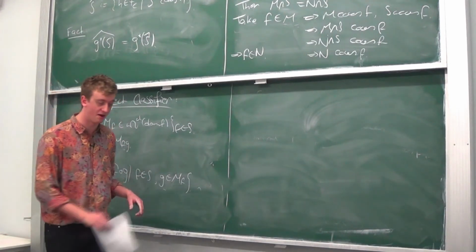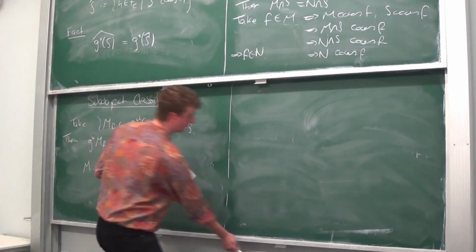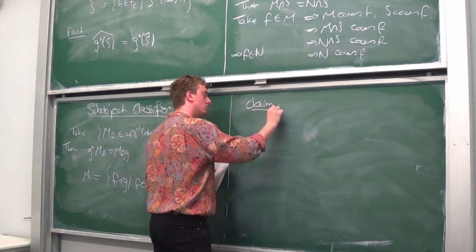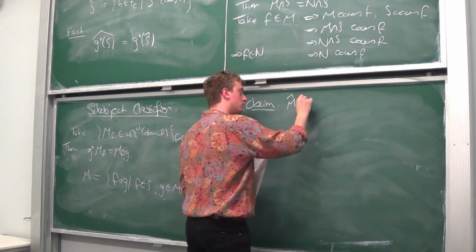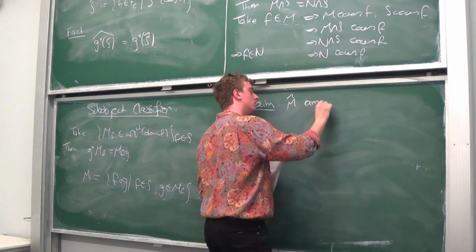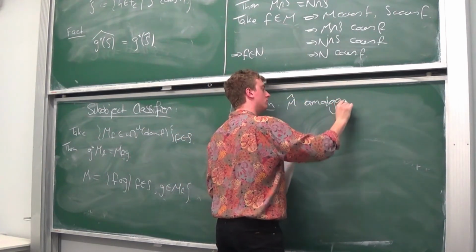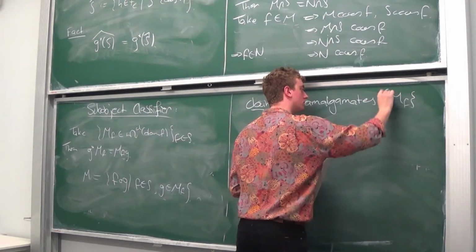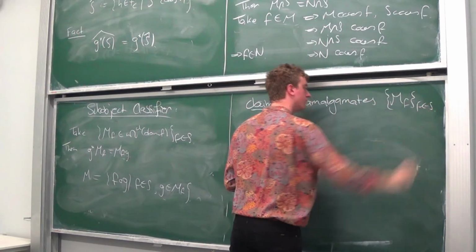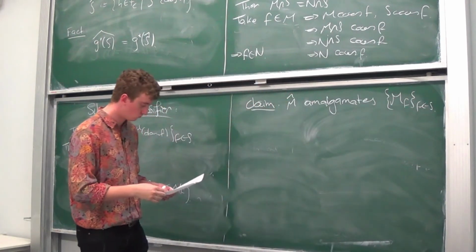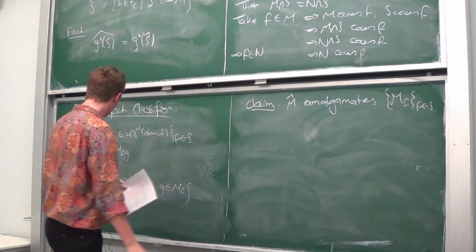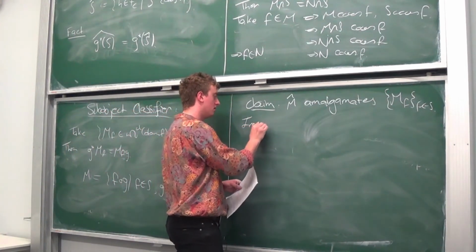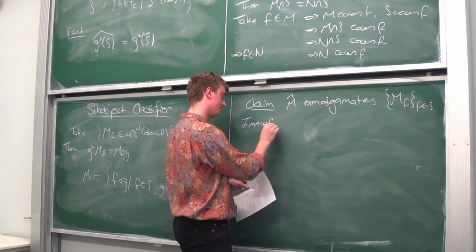So the closure is going to be the amalgamation we want. Okay. Well, immediately it's clear by definition that M_f is inside M.